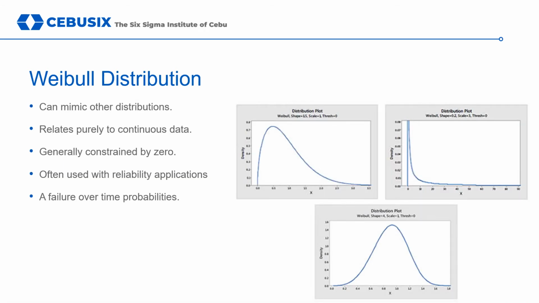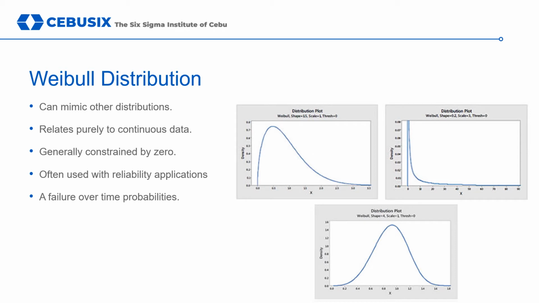Just to make things more confusing, probabilities can fall into families of distributions such as the Weibull distributions. Data that fits into a Weibull distribution might also fit into another distribution, including all of those previously discussed in this module. Note that the Weibull distributions relate to continuous data, so the data would not likely fit a discrete data distribution.